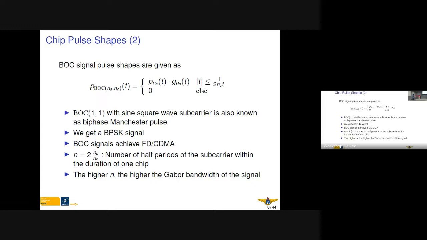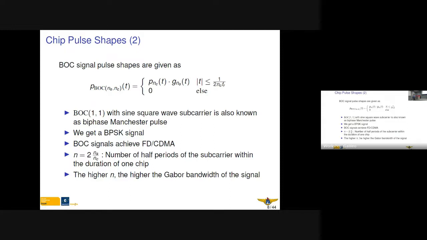And the BOC signals achieve this FD-CDMA approach that we discussed already, and we have seen yesterday in one of the slides where I showed you the Galileo PRS signal, the GPS M-code signal, and the open service, because these chip shapes introduce a split spectrum, which means that you can distribute the power inside the band a little bit, and you can shape this distribution of the power of the signal inside the band.